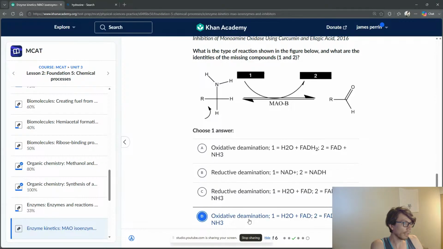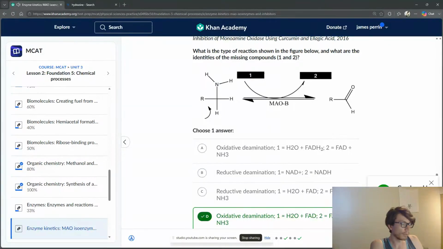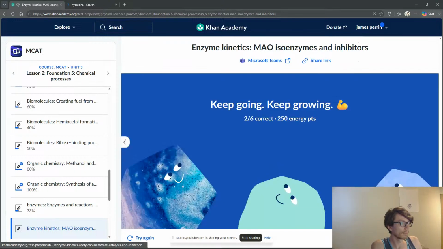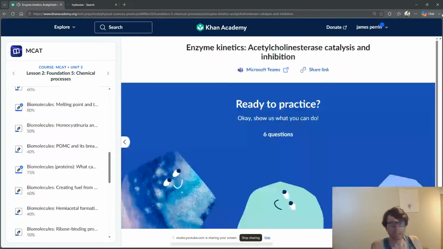I like the look of that one. Although this is the same, but it's a different word. Oxidative deamination. Yeah. I don't know how I did that. Okay, let's see how this looks.